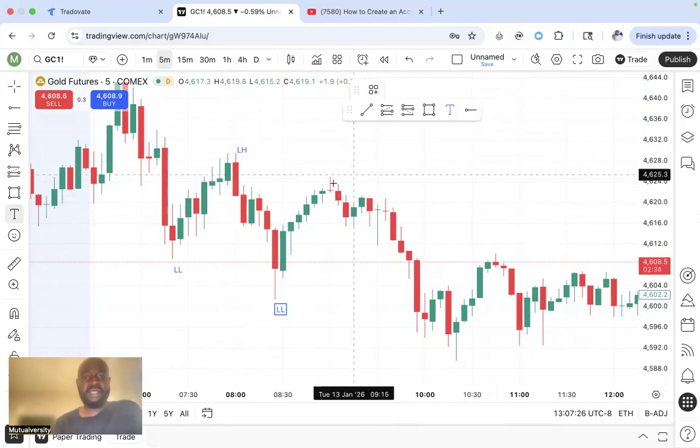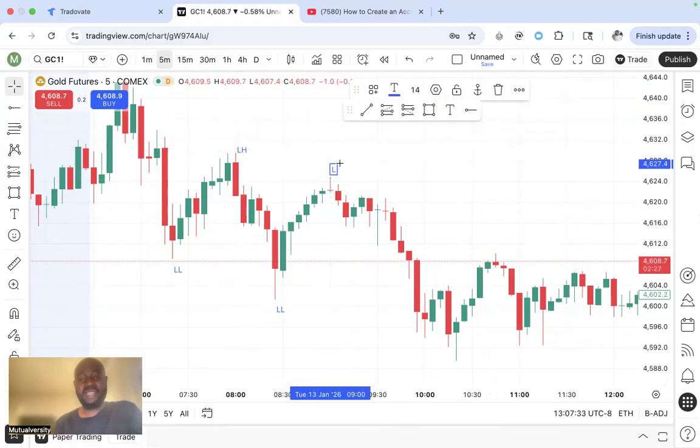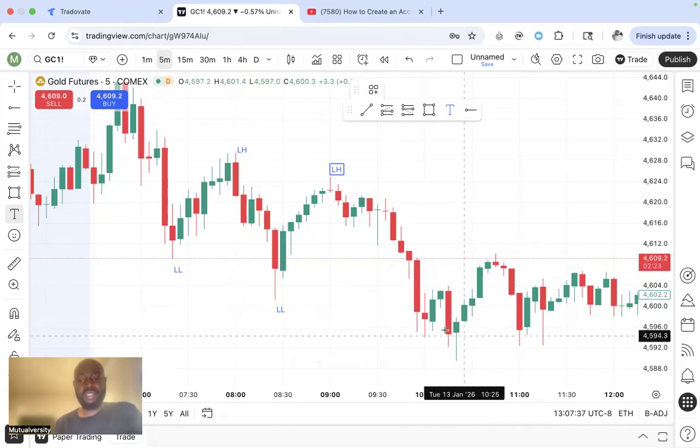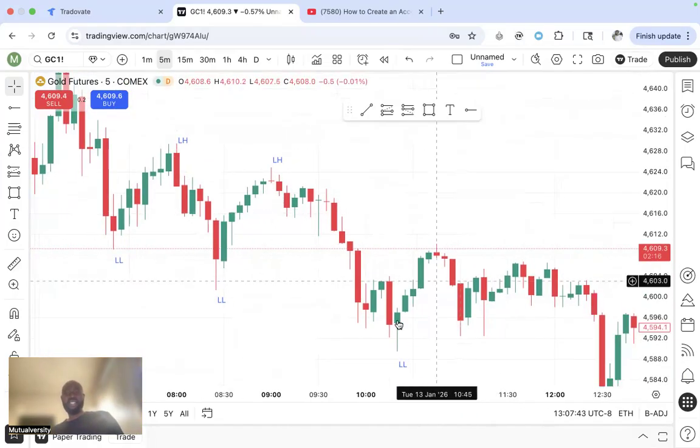Then we have a lower high because it's lower than the previous high. So it's a lower high. And then we have a lower low, so you look for the lowest part down here. From there, it started creating a sideways trend, kind of. But this could be a lower high.